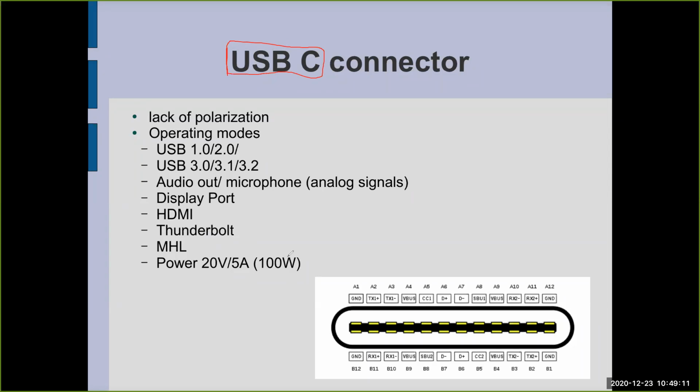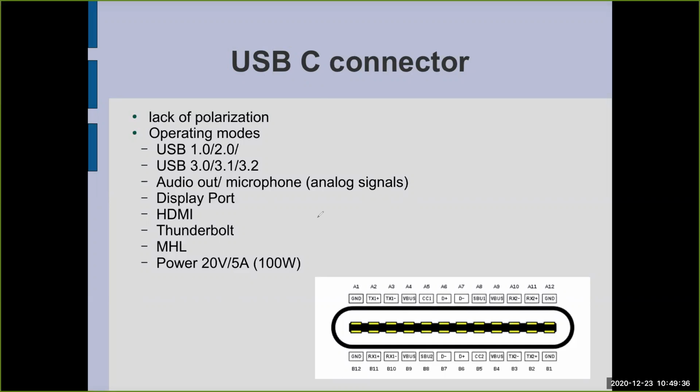The intention is to have a universal connector which lets us connect everything. This is the most important difference between USB-C and the connectors I showed you before.